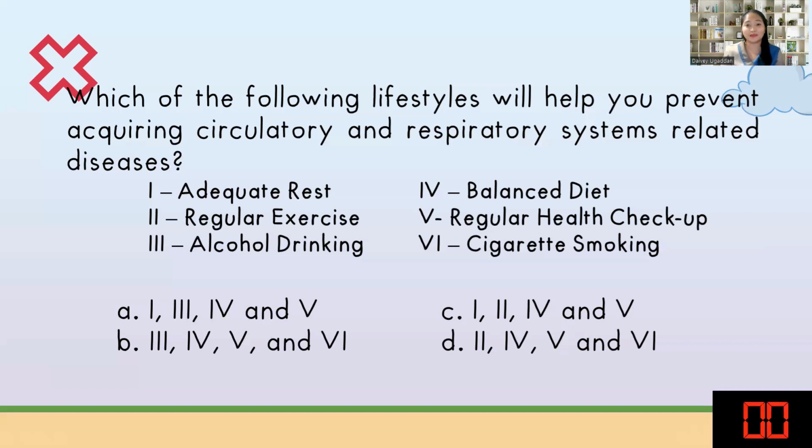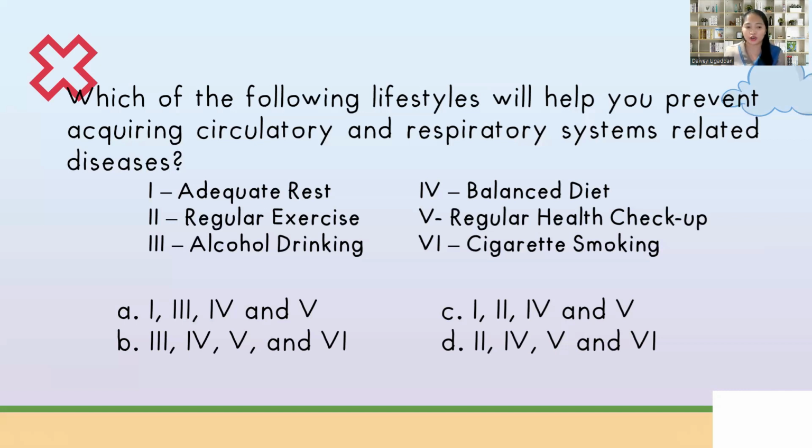Alright, so let's do the elimination method. Which of the following should be eliminated? Okay, so we have here the 6 different lifestyles. Of course, we can eliminate the negative lifestyles, which are number 3, alcohol drinking, and number 6, cigarette smoking.